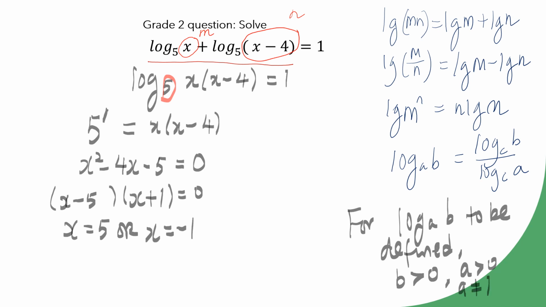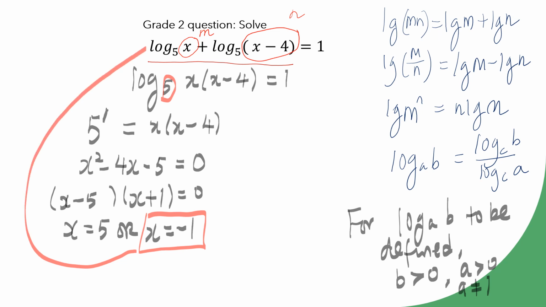So these are the conditions for log b base a to be defined. Right, so if you look at the answers you get, for x equals negative 1, you would have to reject this value. Why? Because if you were to substitute inside here, you will get log base 5 of negative 1, which does not satisfy the definition of log b base a, because your b must be more than 0, must be a positive value.